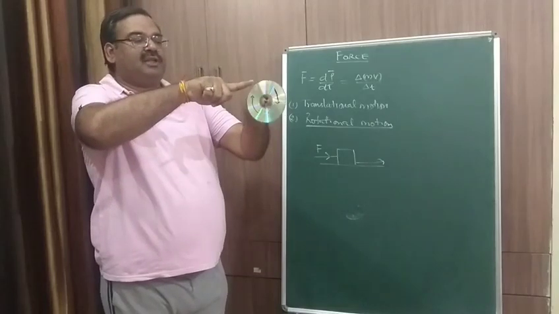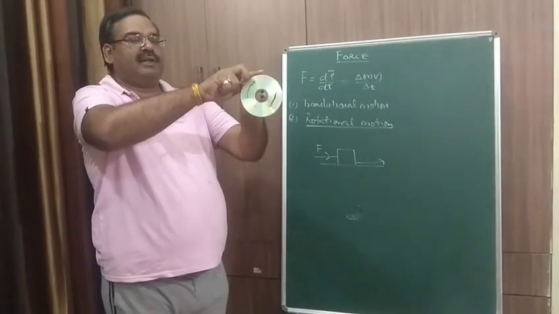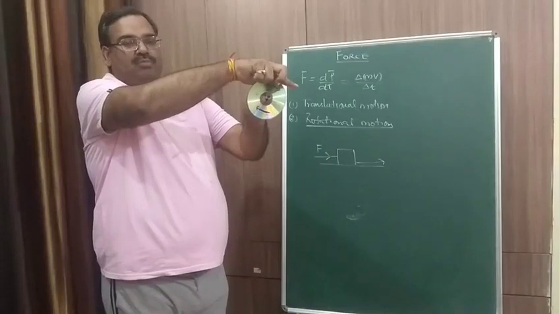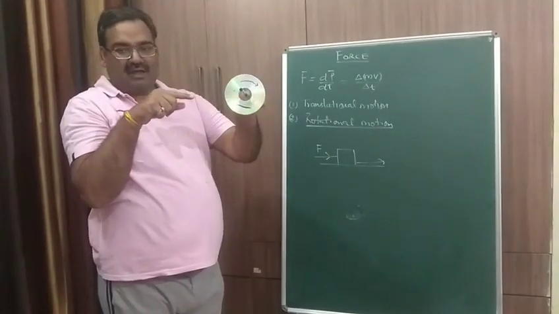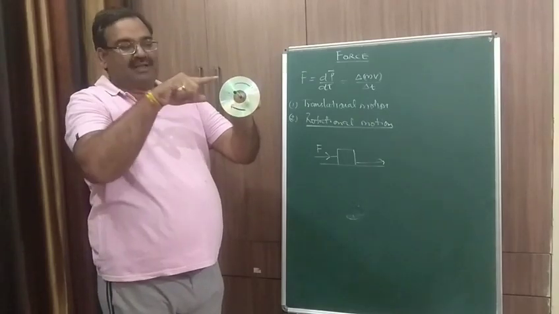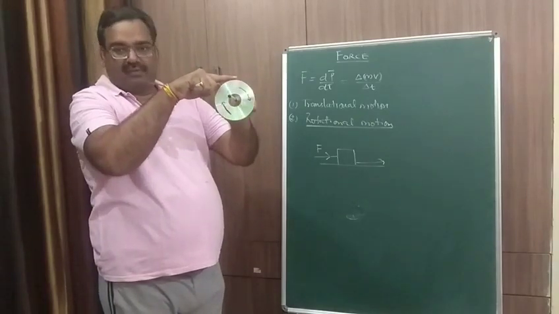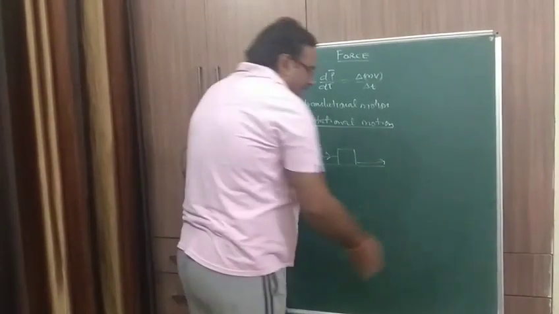A tangential force has been applied over the disc and it moves the body in a rotational motion. Now this is a rotational force. It is producing a turning effect.